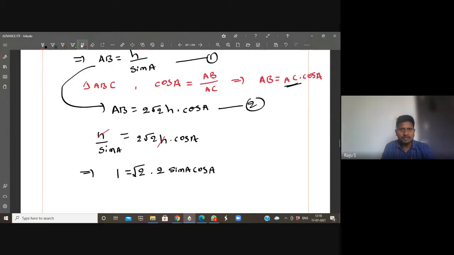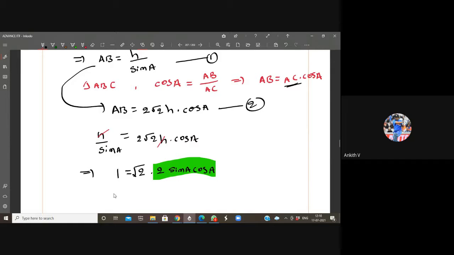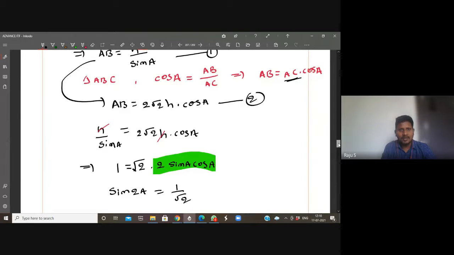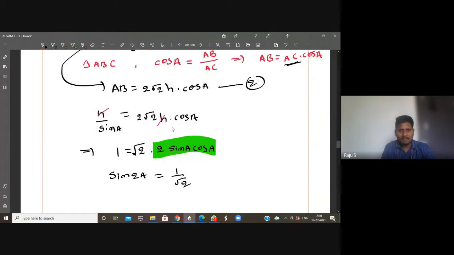Then what do you observe here? Sin 2A. Yes, sin 2A is equal to, shall I write, 1 by √2. The √2 I cross multiplied, and H gets cancelled.